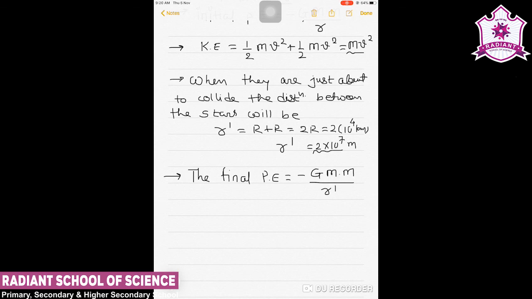Now the kinetic energy is gained at the cost of loss in potential energy.